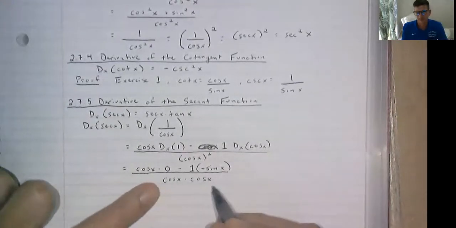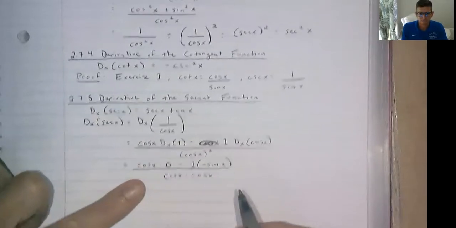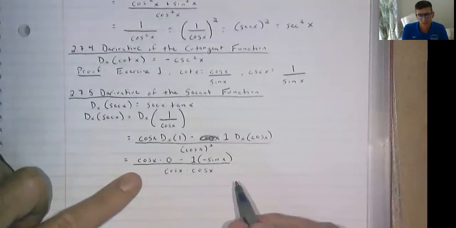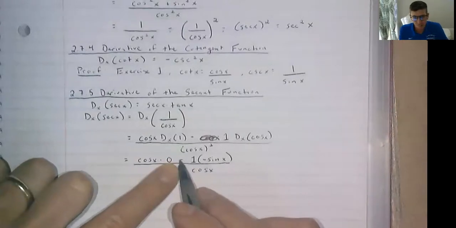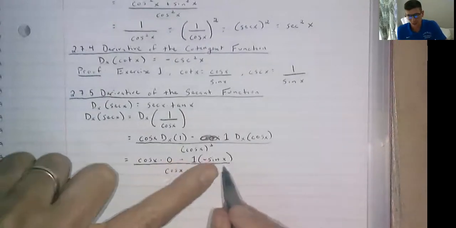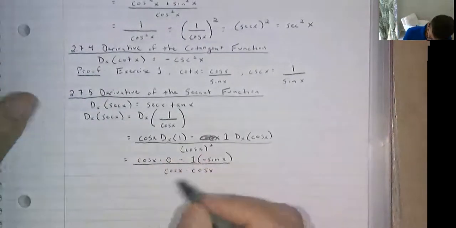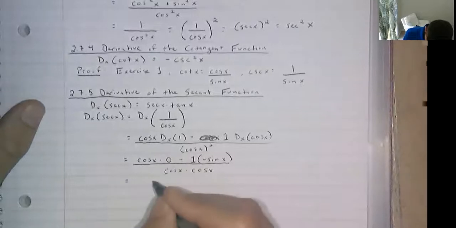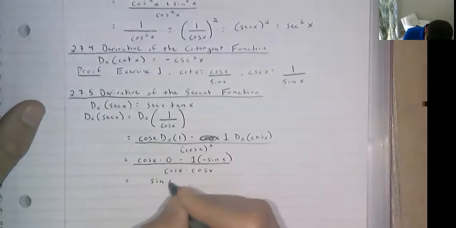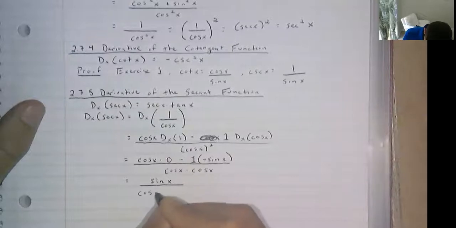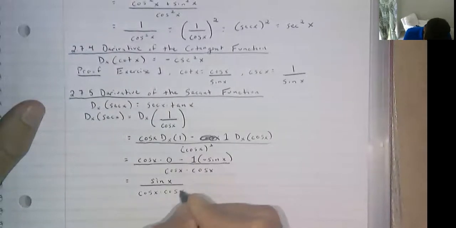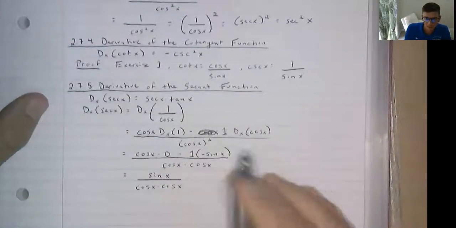Why am I writing it like that? We'll see in a second. And so the opposite of 1 times the opposite of sine is actually just normal sine, divided by cosine of x times cosine of x. Why are we writing it like this?